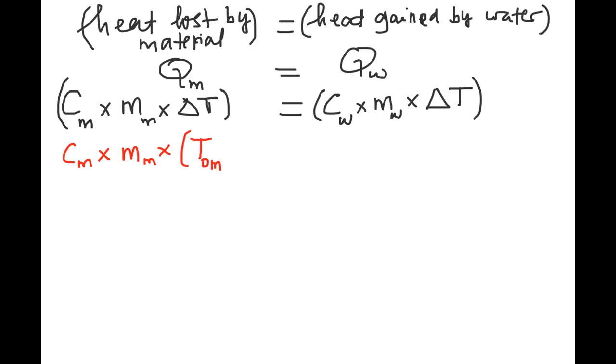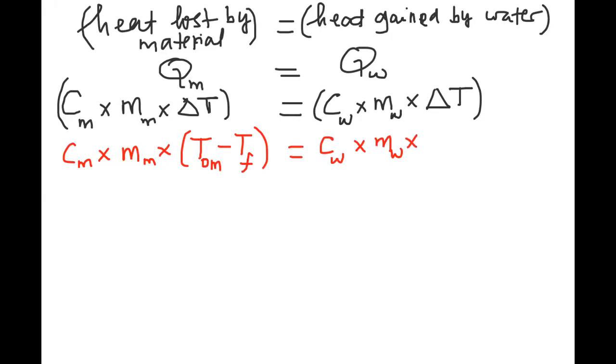T naught M is the initial temperature of the metal, just before you mix it with the water, minus the final temperature, that's the equilibrium temperature of the mixture. And on the other side is the specific heat of the water, CW, times the mass of the water, MW.